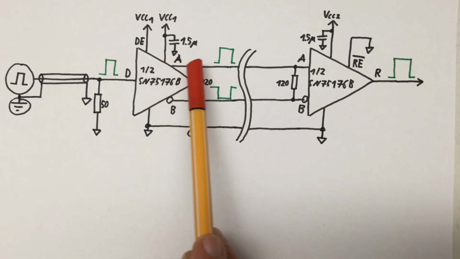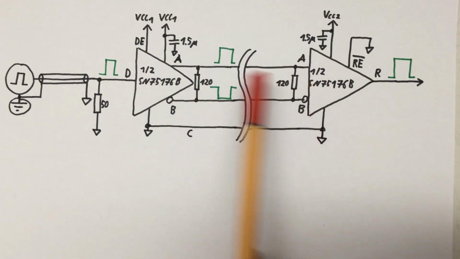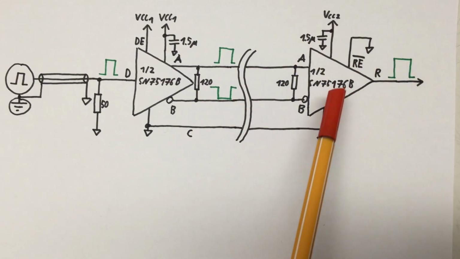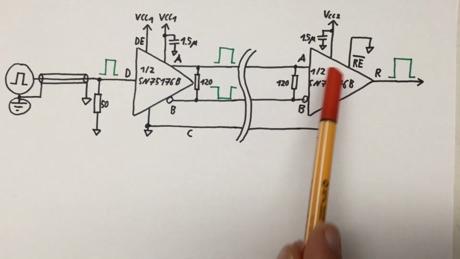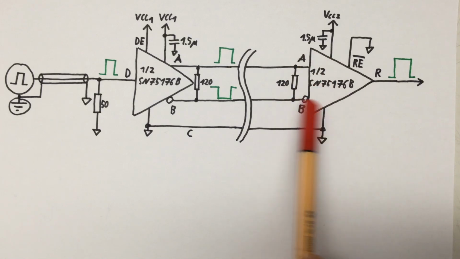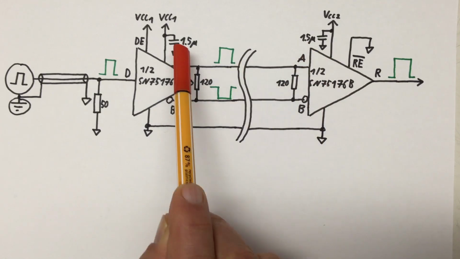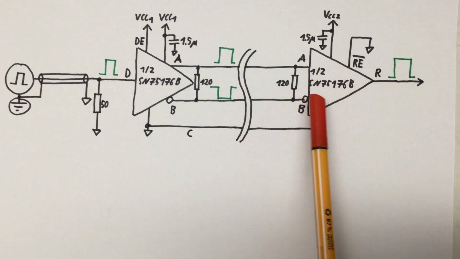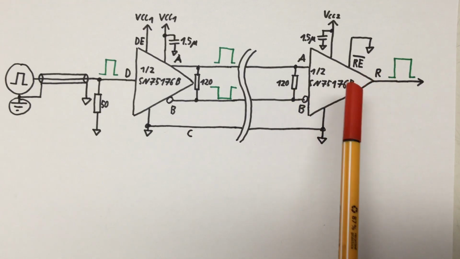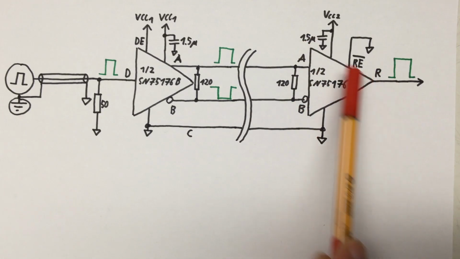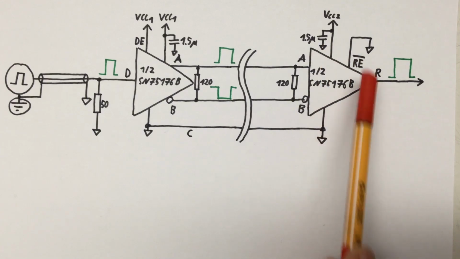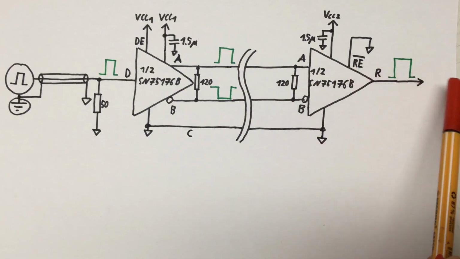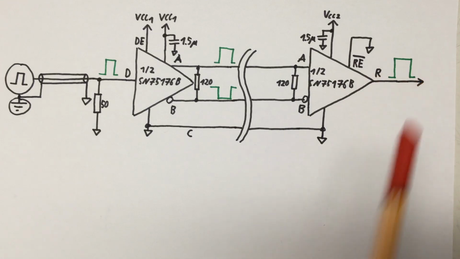And that is then transmitted via a twisted pair to our second breadboard. There it is fed into the A and B pins again. Yes, these are the same pins of our second SN75176B, where we only use the receiver part. And the receiver turns the differential signal back into a single-ended signal.